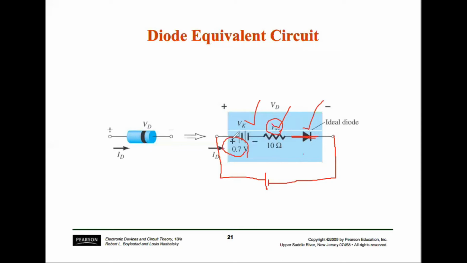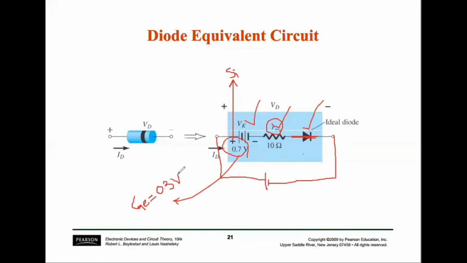Okay, for a silicon diode, this value is 0.7. If this was a germanium diode, the value here would be 0.3 volts.